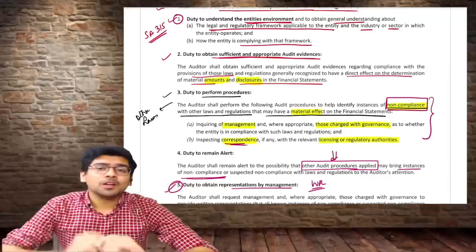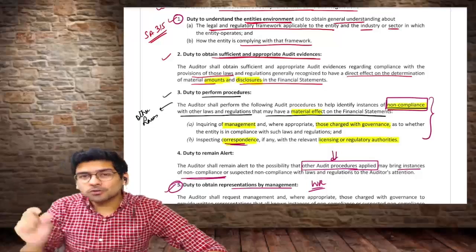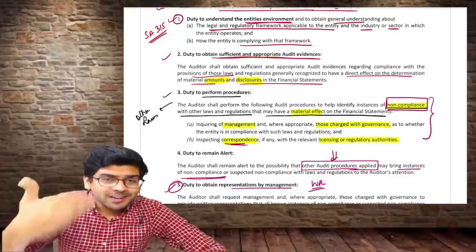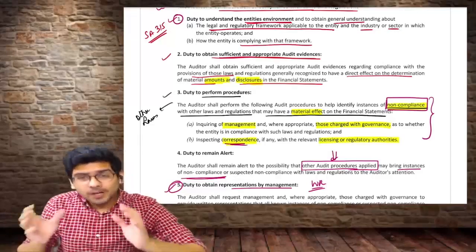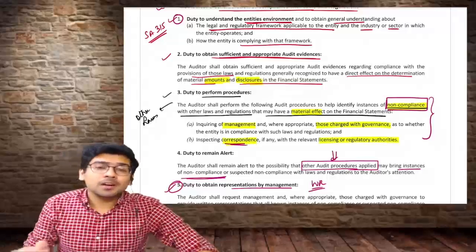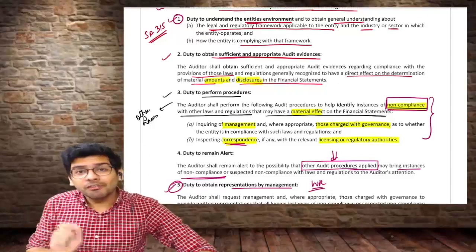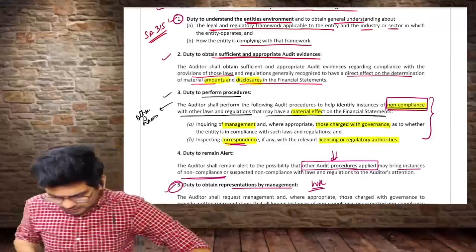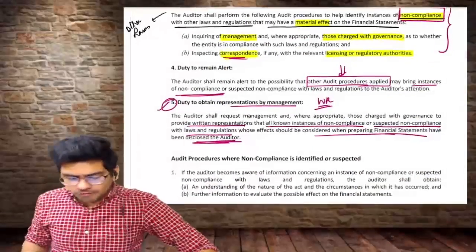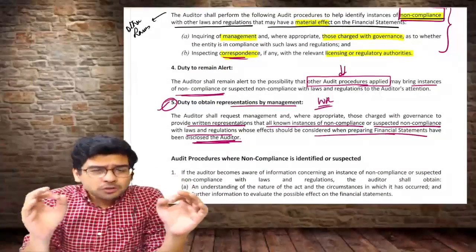Getting my point? When I talk about other laws, they may not have a direct effect on the financial statements, but they may have a material effect on them. You have to understand this. And the fifth point: finally, throughout the audit, the auditor needs to be very alert.